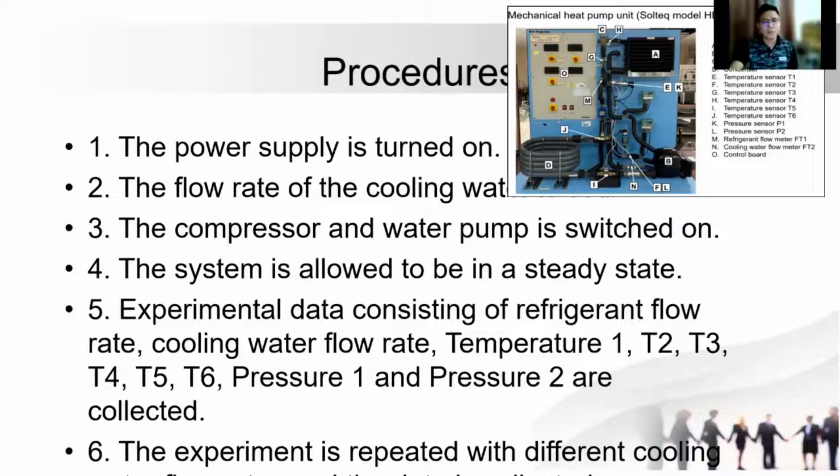Number 5, experimental data consisting of refrigerant flow rate, cooling water flow rate, temperature 1 until temperature 6, pressure 1 and pressure 2 are collected from the readings on the screens of the heat pump. The experiment is repeated with a different cooling water flow rate.